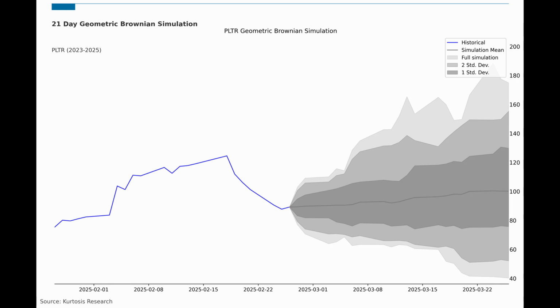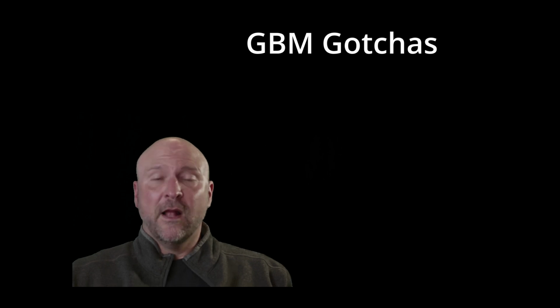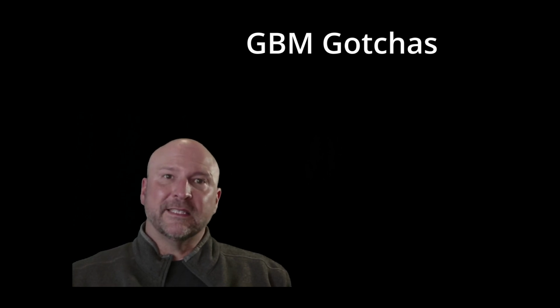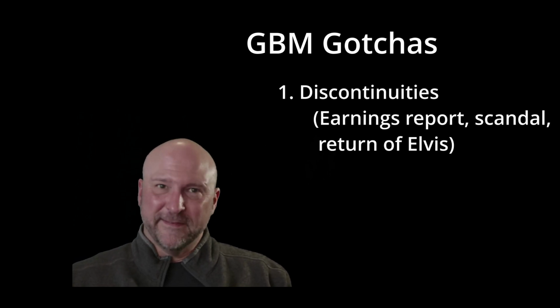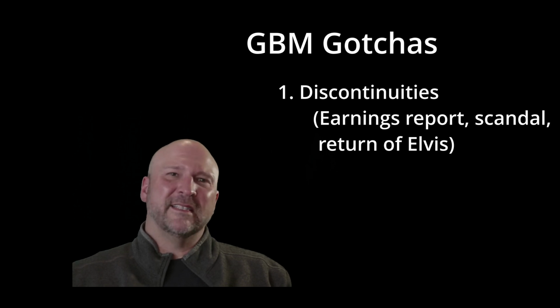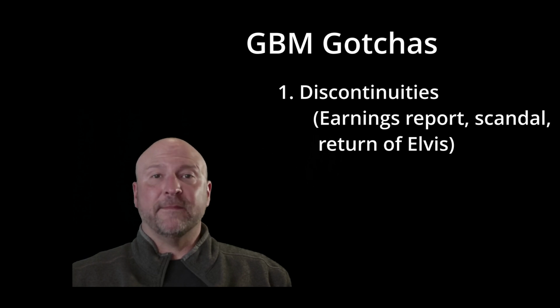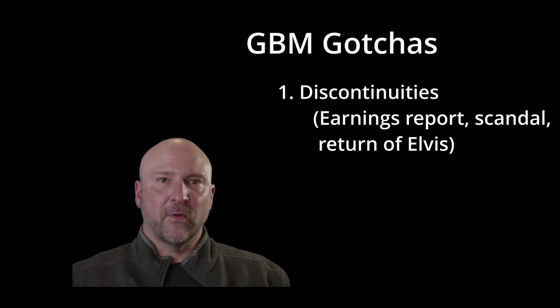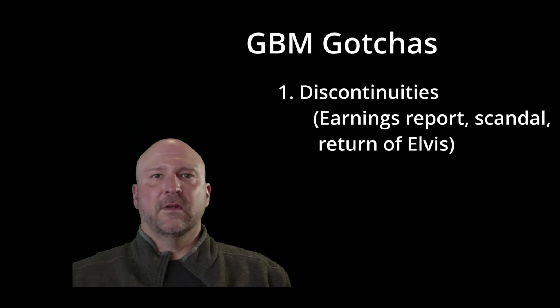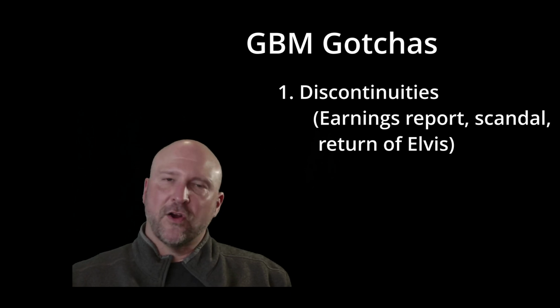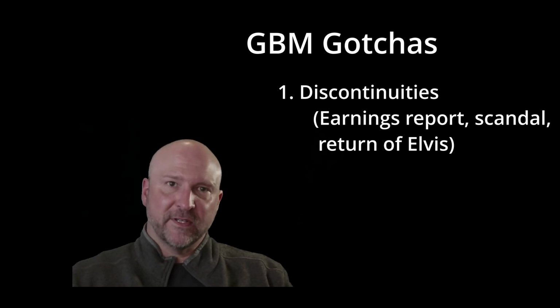There are 2 broad categories of things where this type of simulation or modeling is going to fall apart on us. The first one is things that some people call discontinuous events, discontinuities, something like that. The idea is, imagine an event that we didn't know was going to happen. An earnings report, a scandal, a product recall. This is, of course, not going to be able to predict that.